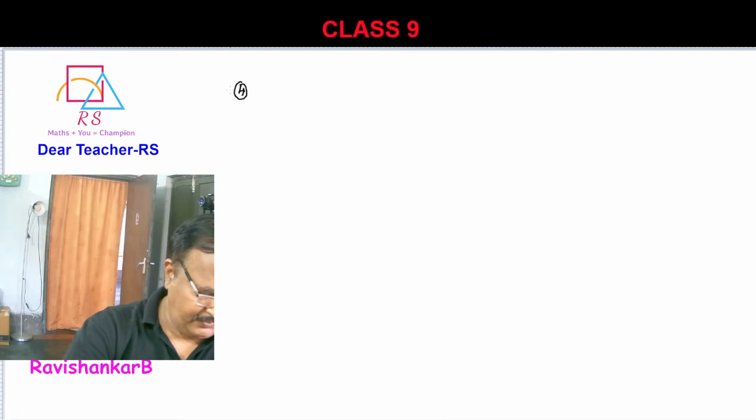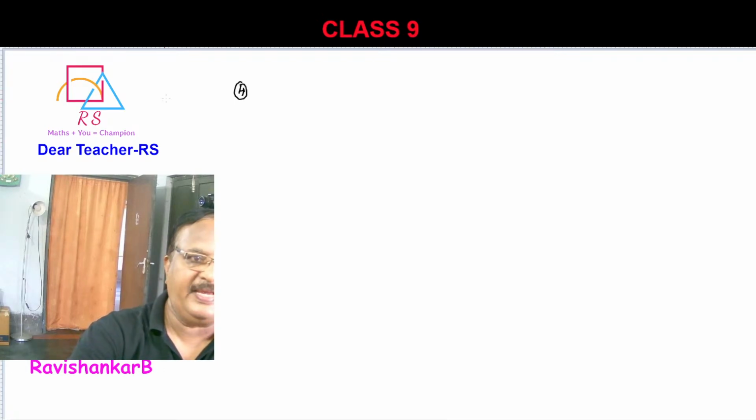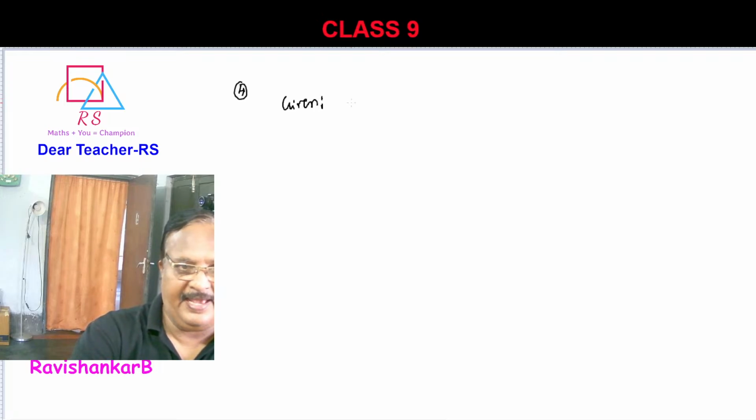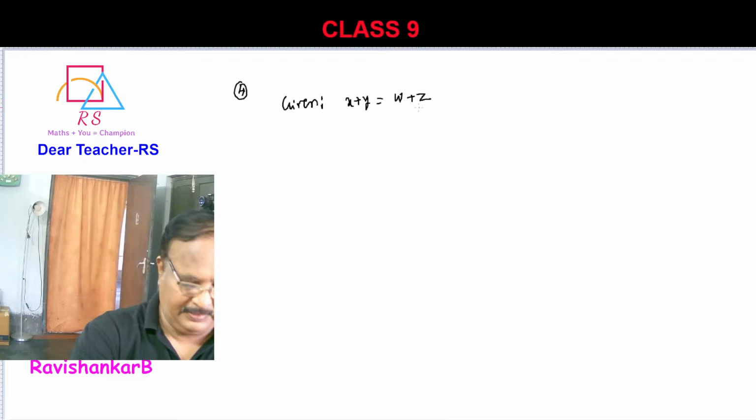So question number 4, he has given x plus y is equal to, figure also given. Let me write given: x plus y is equal to w plus z. Prove that AOB is a line.